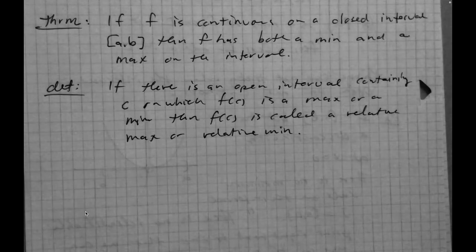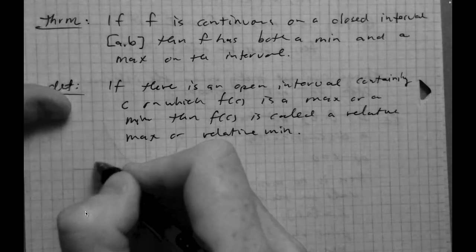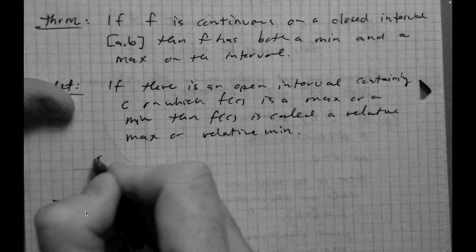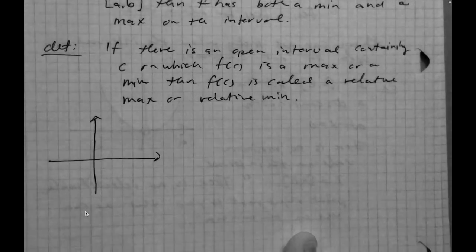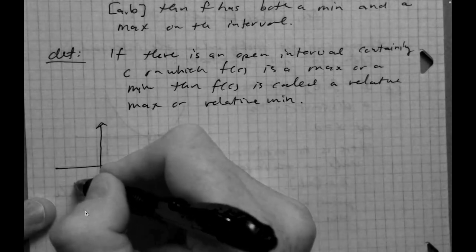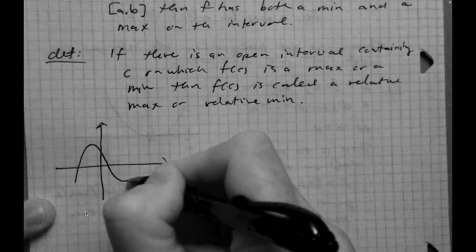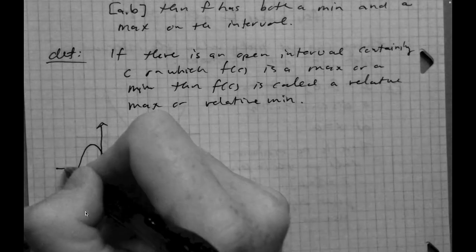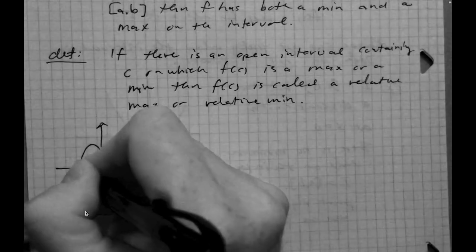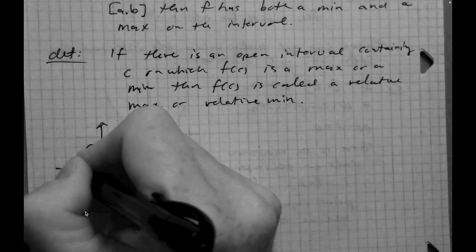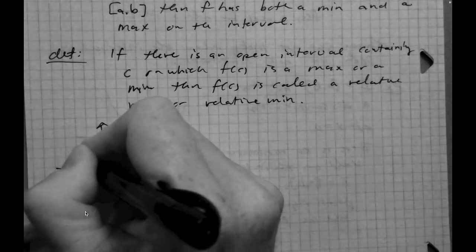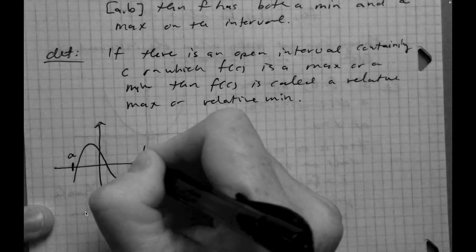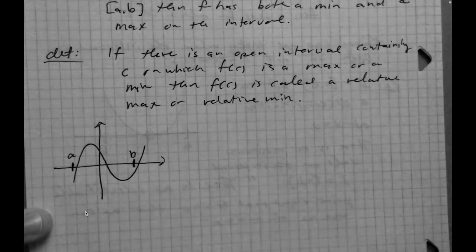Okay, so let's just draw a picture first just to make this really clear. So here's my xy plane, and let's say I have a function that kind of does this. Let's put my a right here, and we'll put my b right here. It kind of doesn't matter.